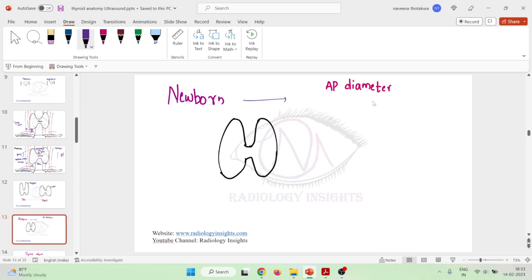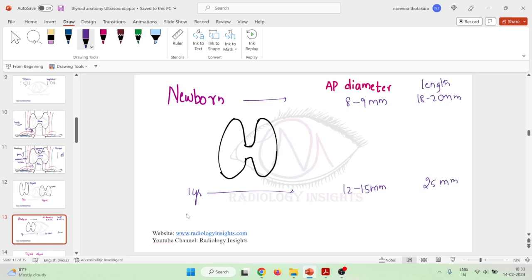The AP diameter of newborns is around 8 to 9 mm, and the length of the thyroid gland is around 18 to 20 mm in newborns. Whereas at 1 year of age, the AP diameter is around 12 to 15 millimeters, and the length of the thyroid is 25 mm.